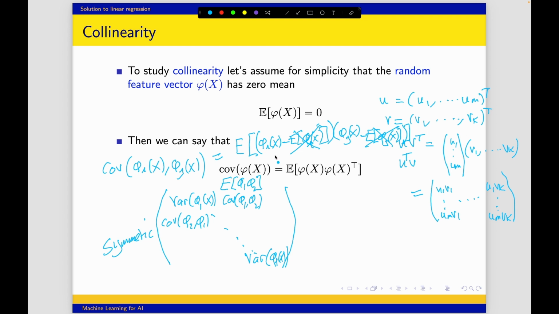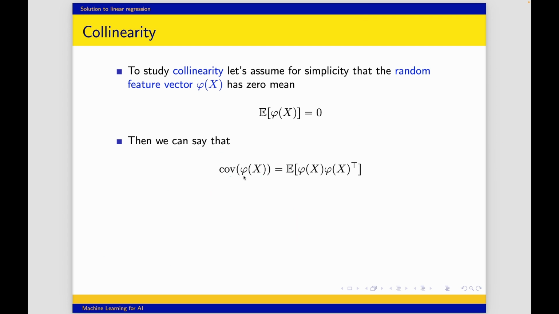Now, we can reproduce this matrix that I just described using this outer product, this expected value of this outer product. It's just a compact way of writing the covariance matrix. If we form this outer product of this random vector and itself, and we take the expected value of that outer product, what does that do?